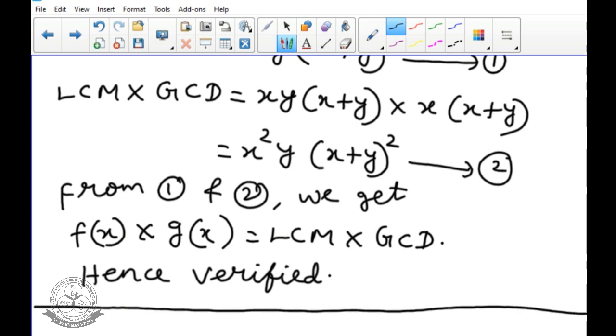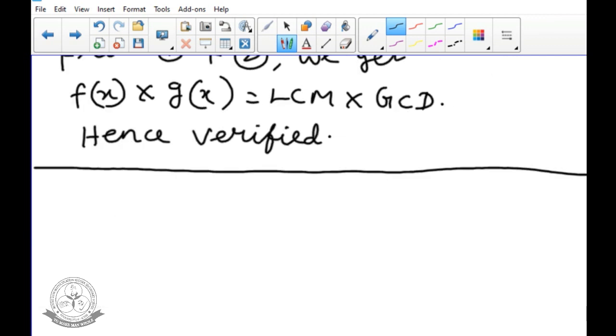The second one, they also find the LCM. See the second sum: find the LCM of each pair of the following polynomials.